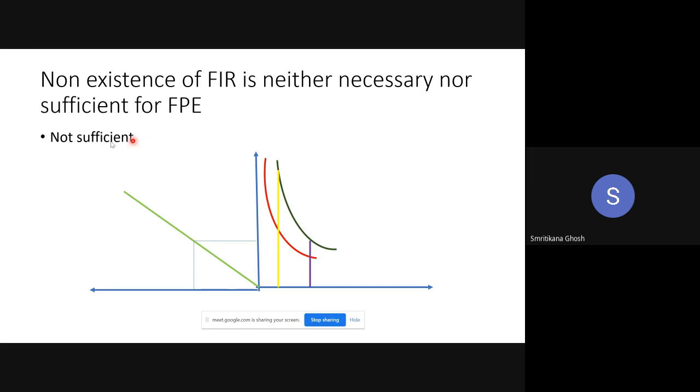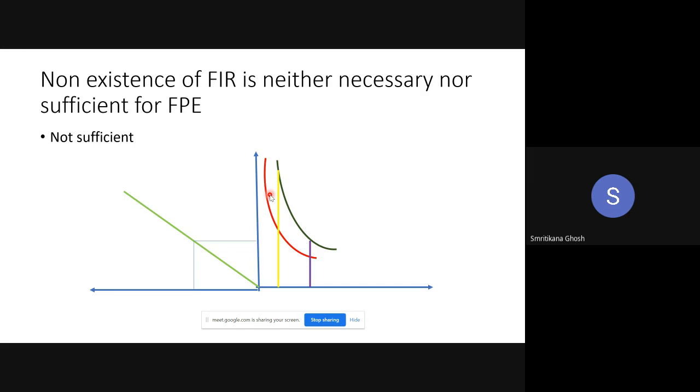Look here, this is called not sufficient. Look, there is no factor intensity reversal, everything is very smooth. But still, as there is no overlapping zone, you will never have factor price equalization. One country may go for complete specialization, or both countries may go for complete specialization. Whatever the situation, factor price equalization is not possible here as there is no overlapping zone.